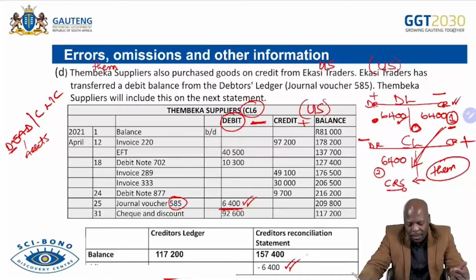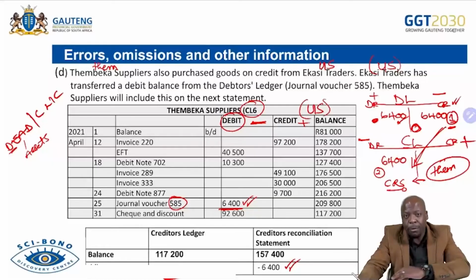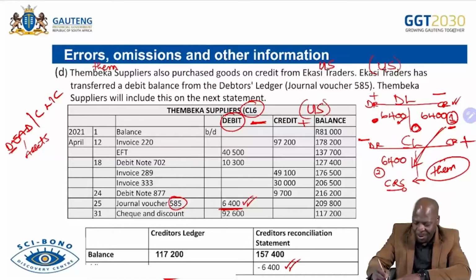So we're simply saying, please go to your books, subtract the same amount that you owe us. That is what it means in simple English. They owe us, we owe them. Simply we're saying the 6.4 that you owe us, please go subtract it from what we owe you. That is what it means in English. But in accounting, you have to follow this process.